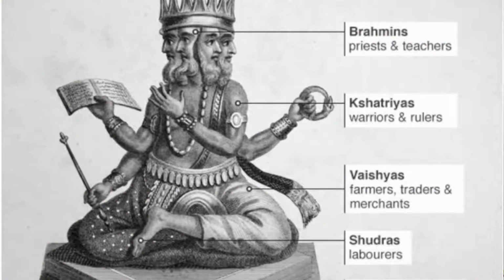Yes, Brahmin, Kshatriya, Vaishya, and the last one, that is Shudra. So the society was divided among these 4 varnas. We have studied about it in the last chapter in detail. If you want to learn about it, watch the video of Vedic civilization.